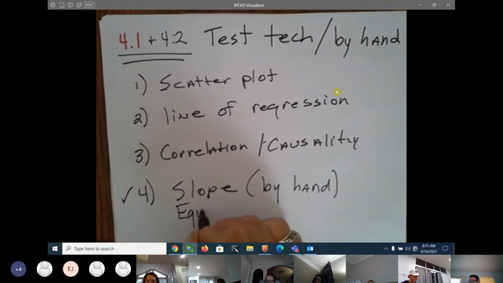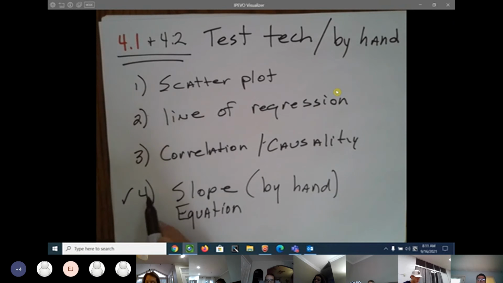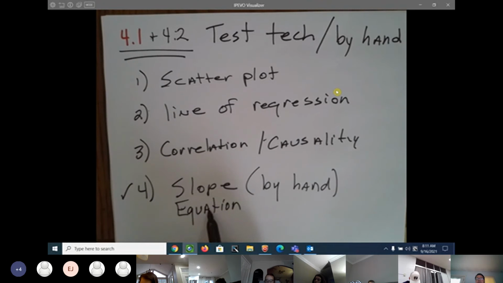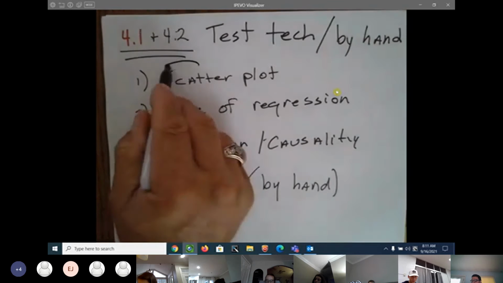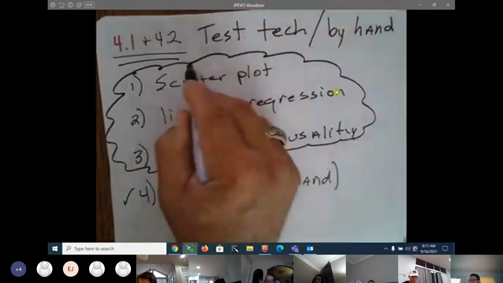Sorry, forgot to add that. So in 4.1 and 4.2, I'm only going to test you on doing things by hand with the slope and the equation. All of the rest is going to be by technology.